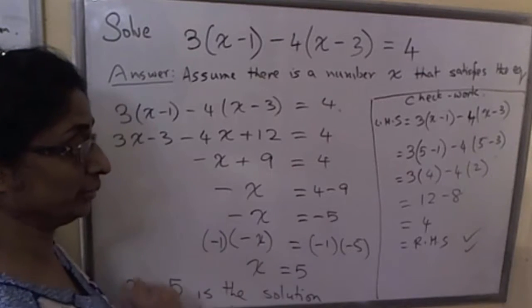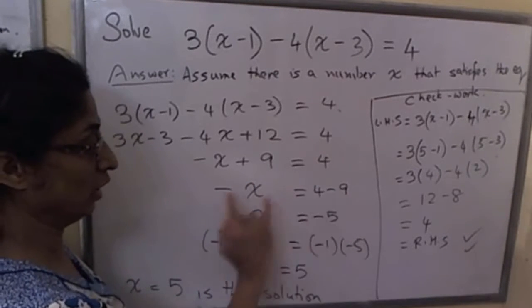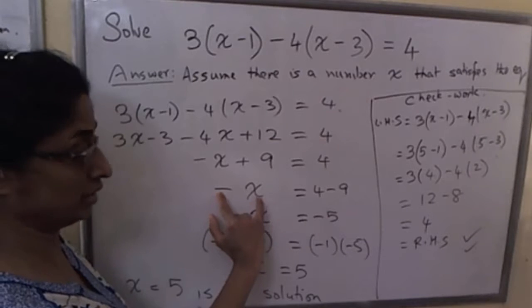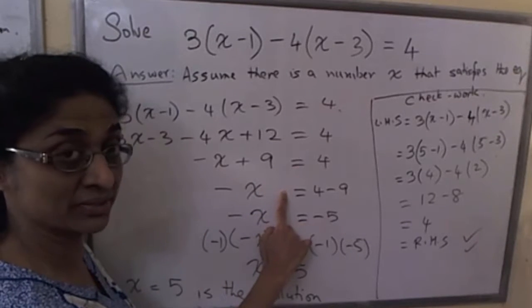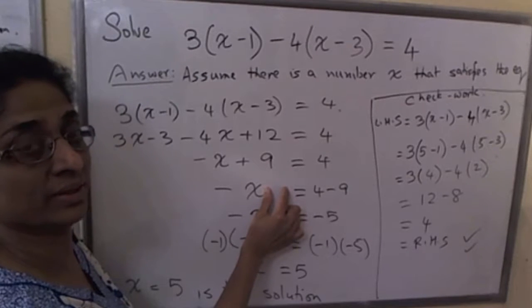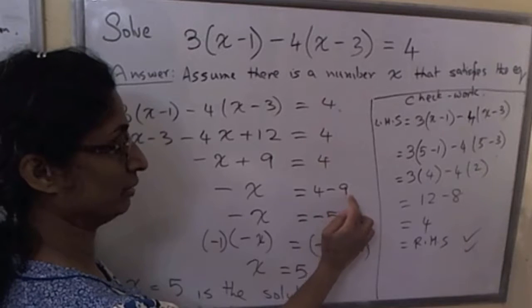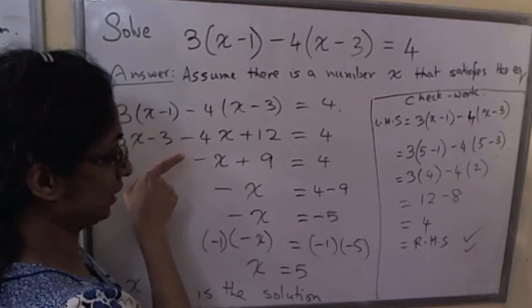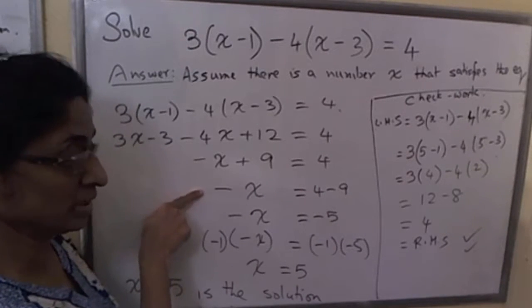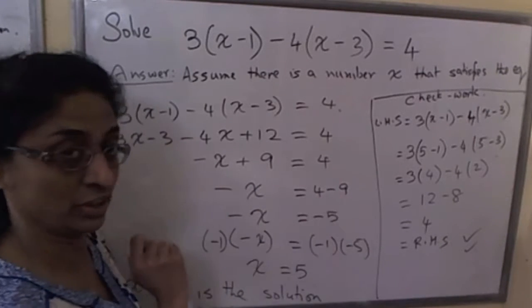And now you can do subtracting 9 from both sides. On this side, I should have written negative x plus 9 minus 9. I chose not to write plus 9 minus 9 because they would cancel out. And here I have 4 minus 9. So really, to go from this line to this line, I subtracted 9 from both sides of the equation.